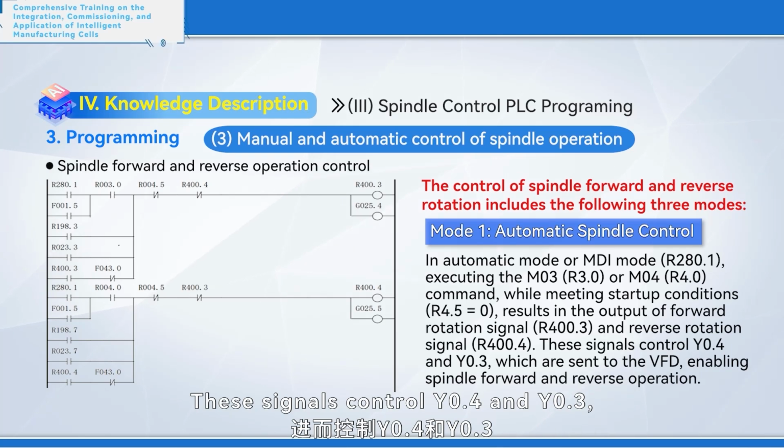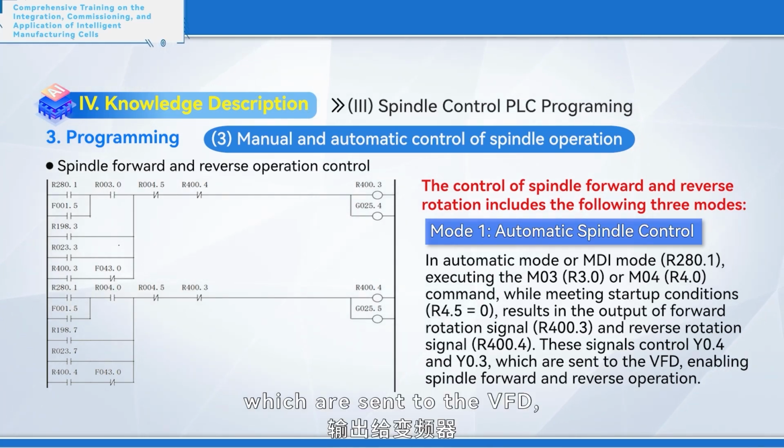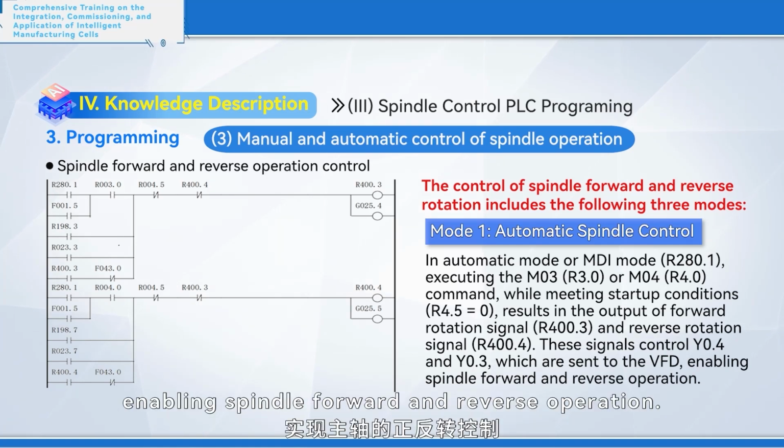These signals control Y0.4 and Y0.3, which are sent to the VFD, enabling spindle forward and reverse operation.